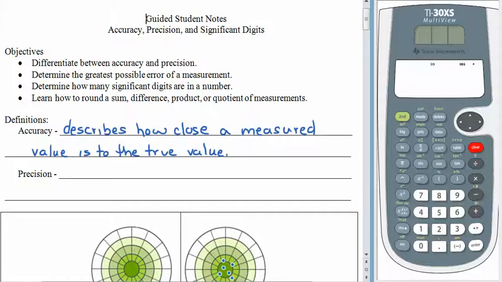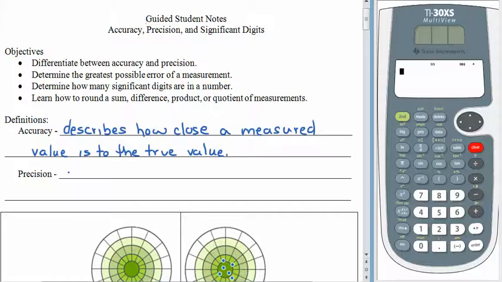Precision is different. Accuracy talks about how close a single value is to the truth. Precision talks about a set of values. Precision is concerned about whether or not results are repeatable.